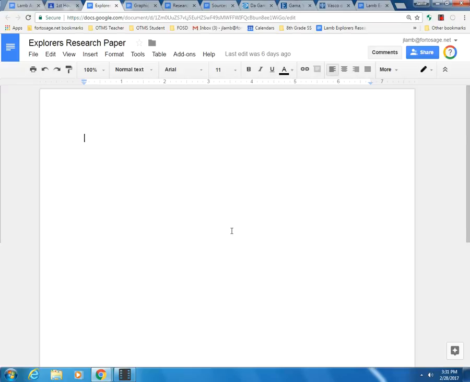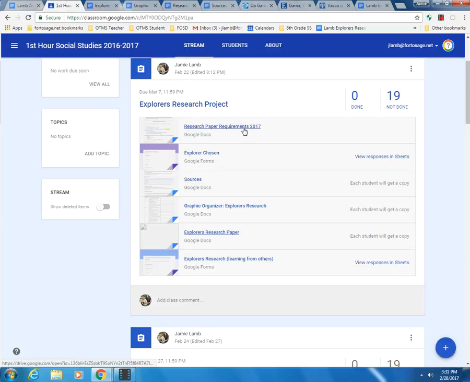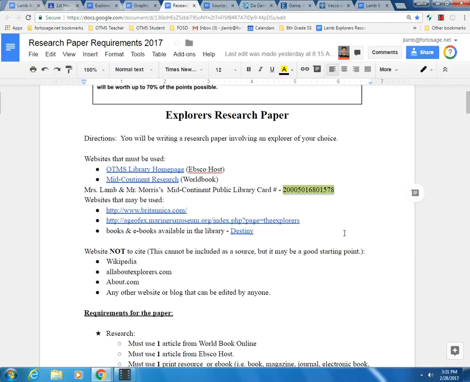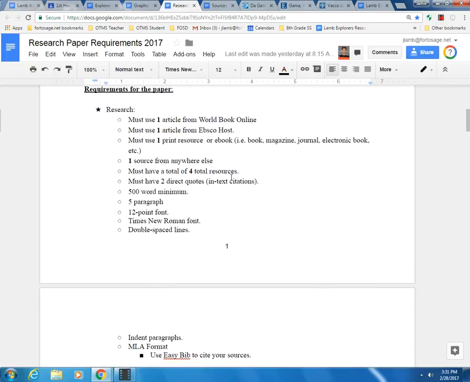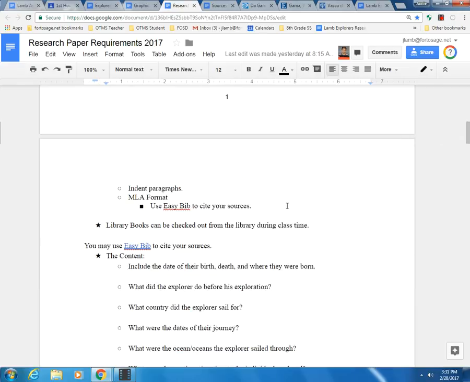But I had shown you some examples, so you have an idea and can at least get started, and then I can show you the specifics about what I want on this paper. You can always go back to the research paper requirements document that tells you specifically what is required. You've got your 4 sources, you need to have your 2 in-text citations, 500 words total, 5-paragraph essay, 12-point font, and we'll go over all of the rest of it later.